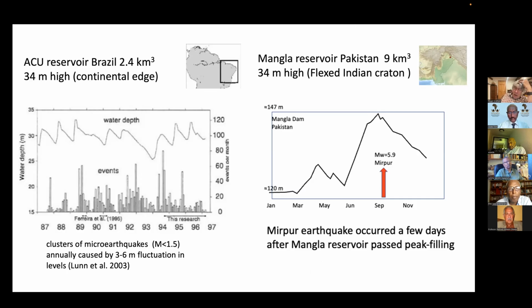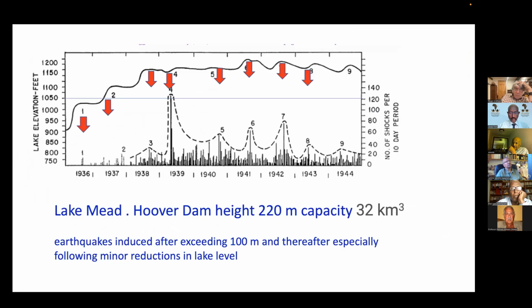And of course, it shook the dam quite severely, but the dam was well built and it didn't suffer any damage. So I'm just showing these to point out that earthquakes are induced after a peak in maximum reservoir level.